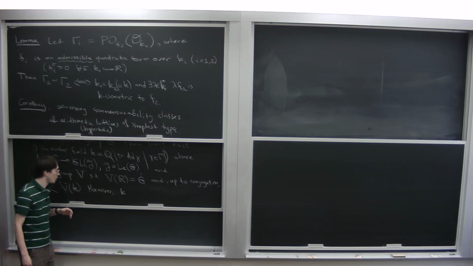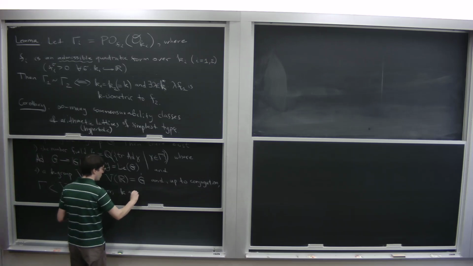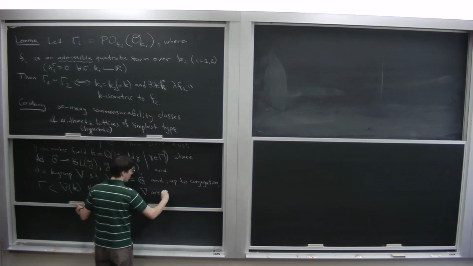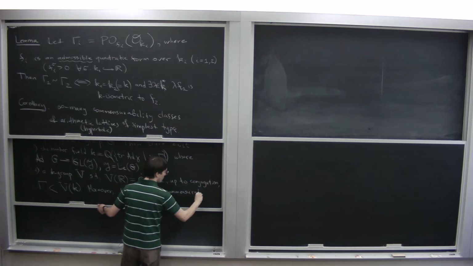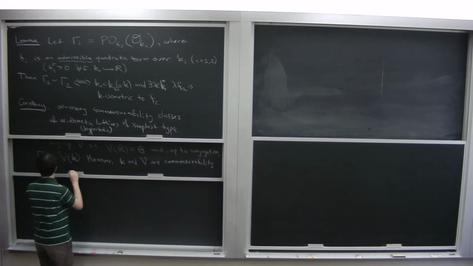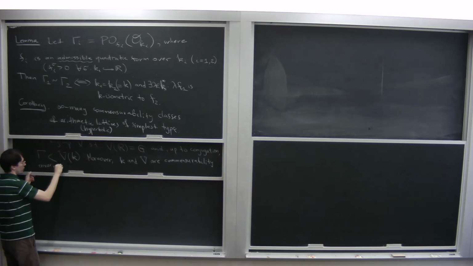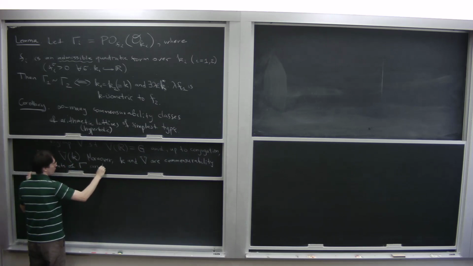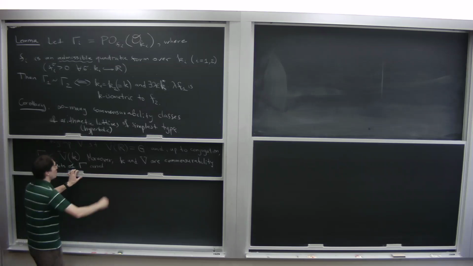So moreover, K and V are commensurability invariants of gamma, and are uniquely determined.